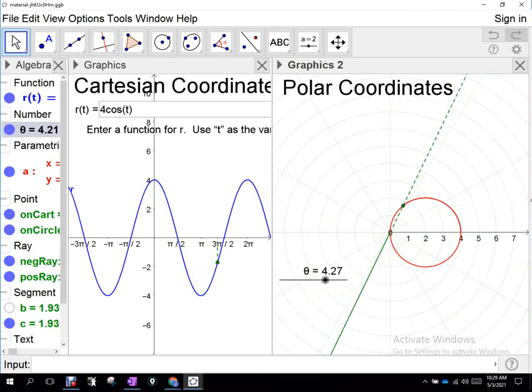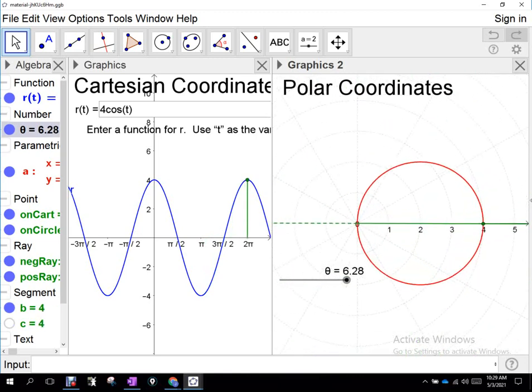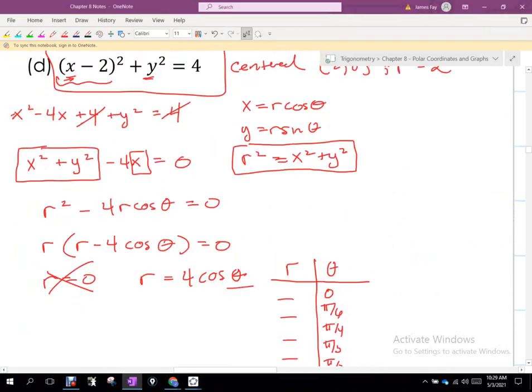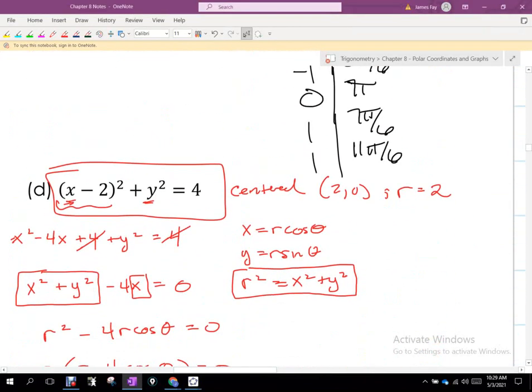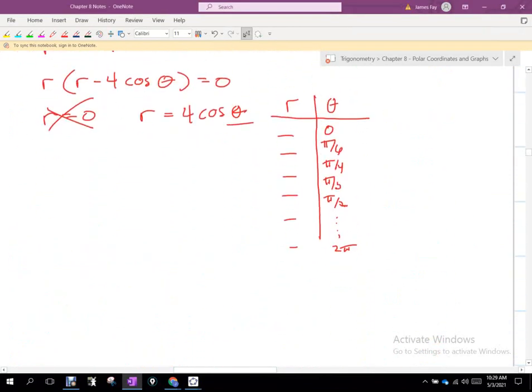And then going through again, we just get repeats. But that circle, now let's look at that circle. Where's that circle centered at? 2, 0. What's the radius of it? 2. Is that the same information that we had when we looked at it up here? Yeah.